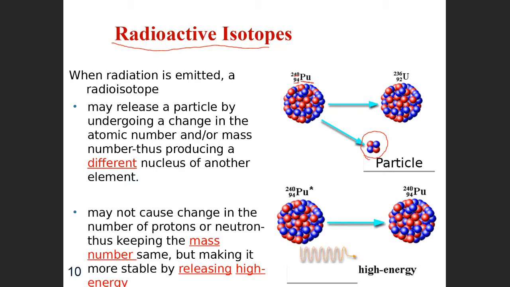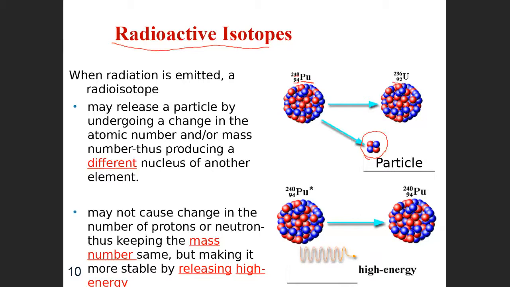These particles are alpha particles. An alpha particle consists of 2 protons and 2 neutrons. So now the atomic number will change from 94 to 92 because it lost 2 protons. It has also emitted 4 particles, so the mass number of this nucleus becomes 237.